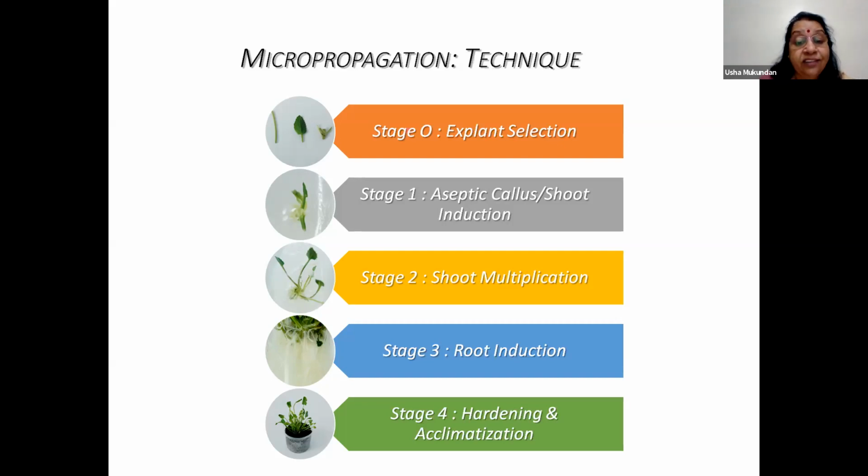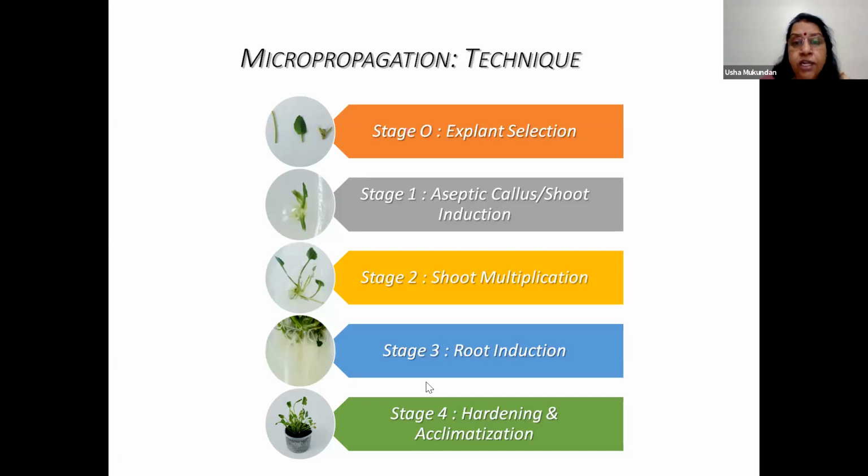Adventitious roots do not have the strength of the main root, that is the taproot system. In an in vitro culture, the type of nutrition is heterotrophic, and if you want the plants to survive in field conditions, they must change from a heterotrophic mode of nutrition to a phototrophic mode of nutrition. That means they have to be hardened, and this hardening is known as acclimatization.